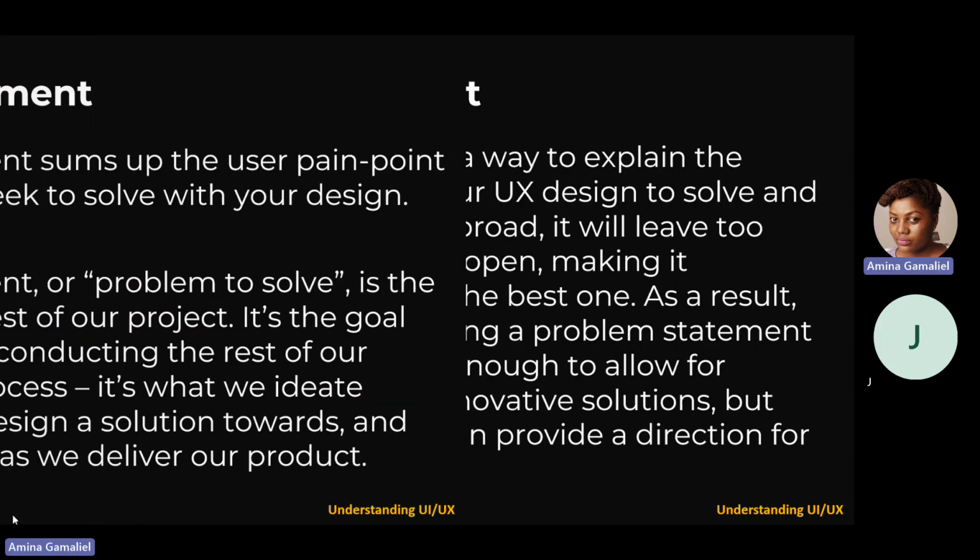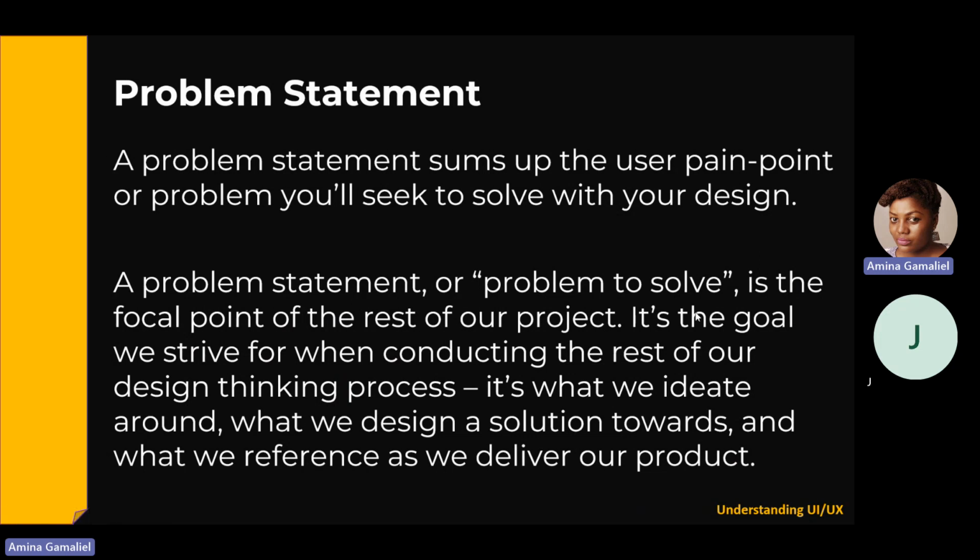Okay, a problem statement, or problem to solve, simply put, is the focal point of the rest of our project. It's the goal we strive for when conducting the rest of our design thinking process. If we are unable to figure out these parts, it means we are going to fail, because this is the core of the entire app, our ability to solve a problem.